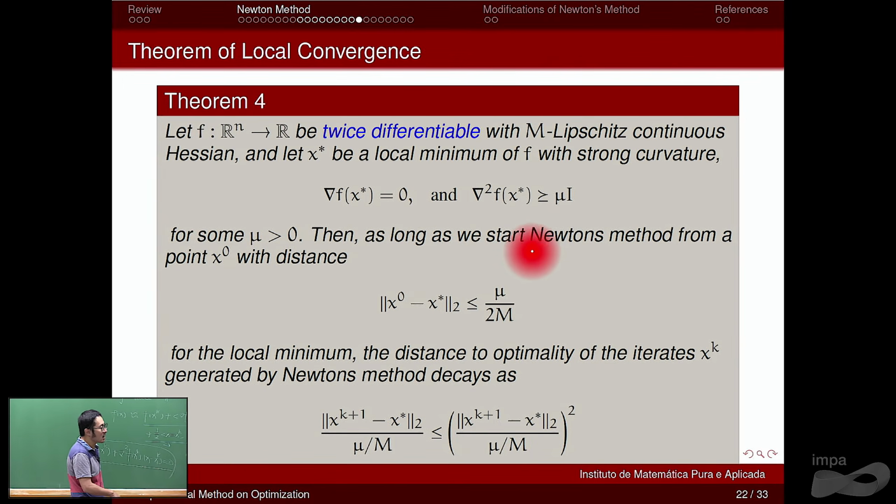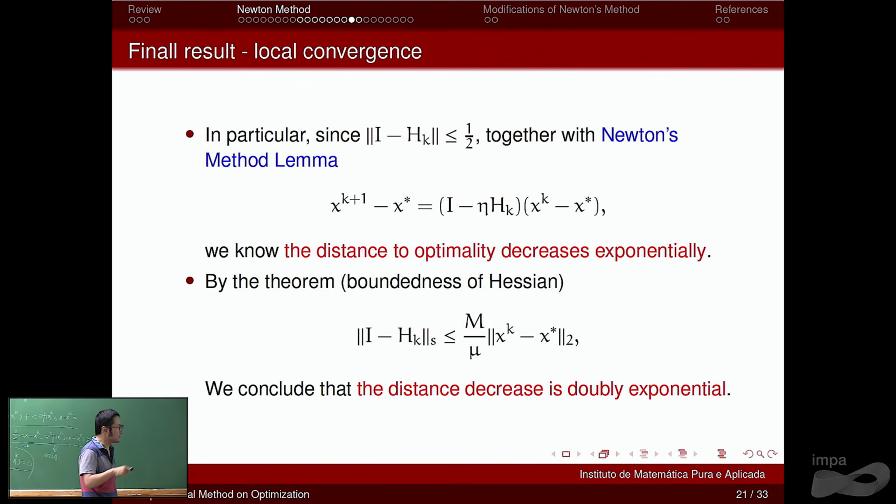Then as long as we start the Newton method from a point which is close enough, where the distance between x0 and the minimizer is upper bounded by this constant, your sequence will decrease double exponentially, which is described by this inequality.